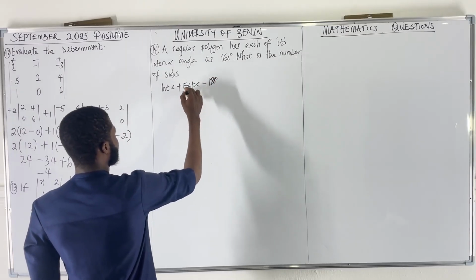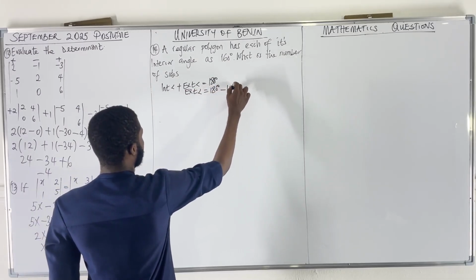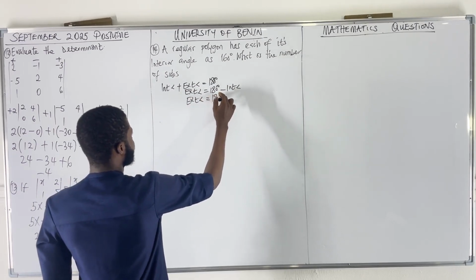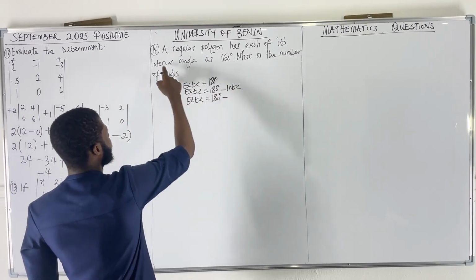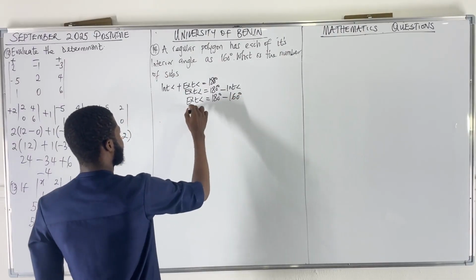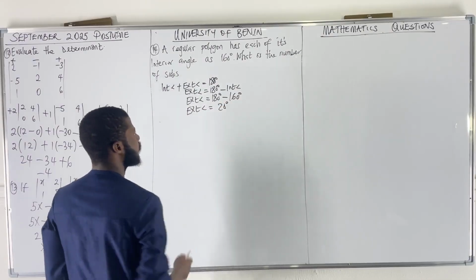So this means that the exterior angle is 180 degrees minus the interior angle. So this is exterior angle equal 180 minus, the question tells me that the interior angle is 160. So the exterior angle is 180 minus 160 is 20.